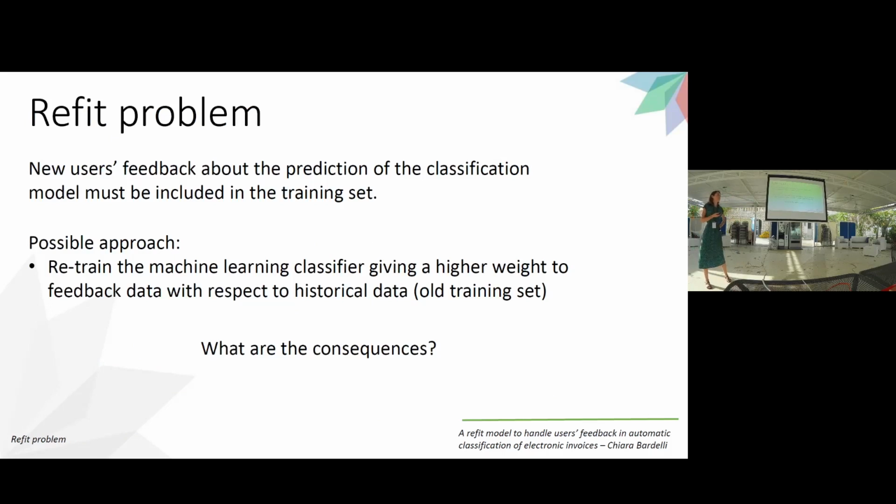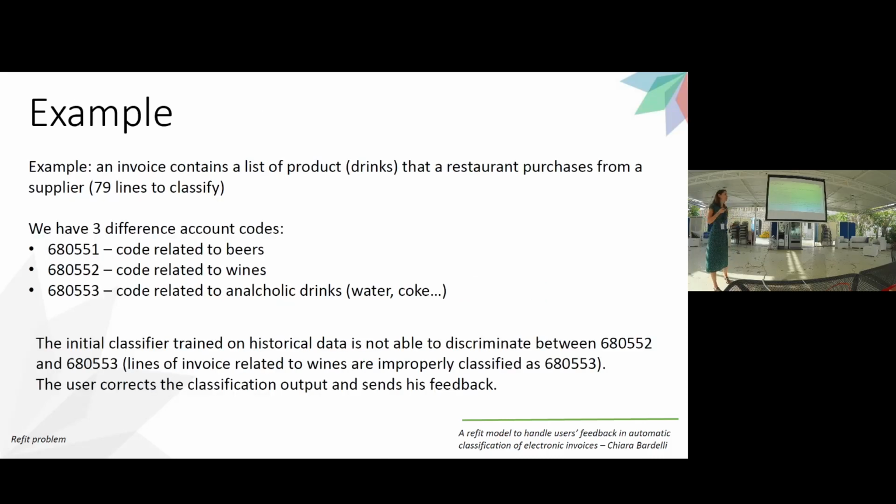One possible approach that we tried is very simple. We take the feedback data, and we give this feedback data higher weight with respect to the historical data that we had before. But we tried this approach, and unfortunately it was not so good, and this is an example.